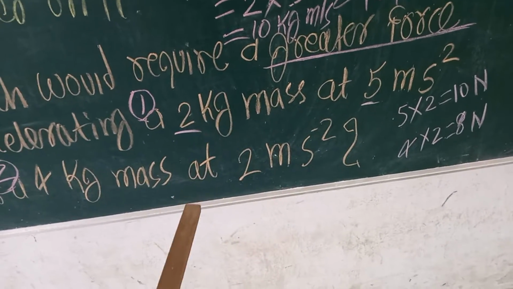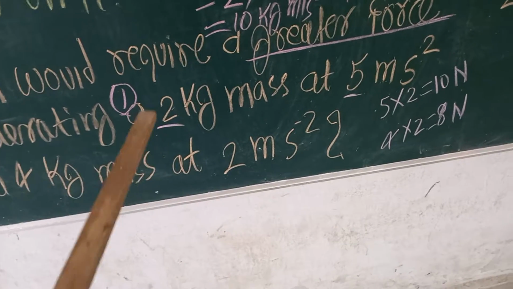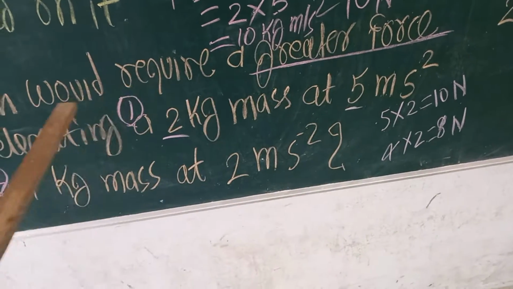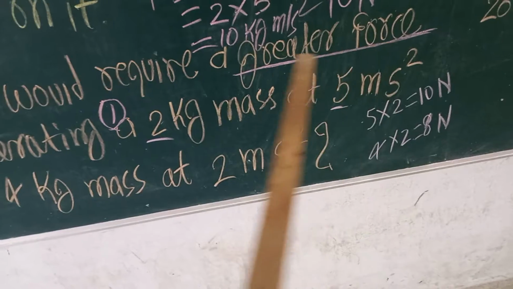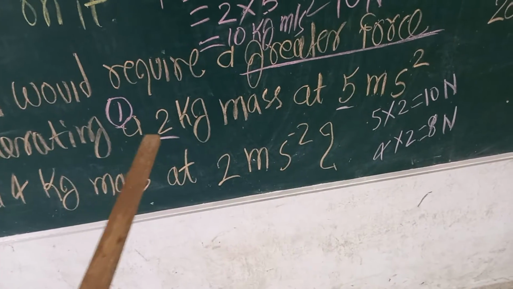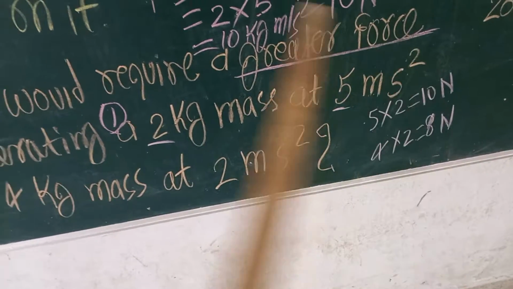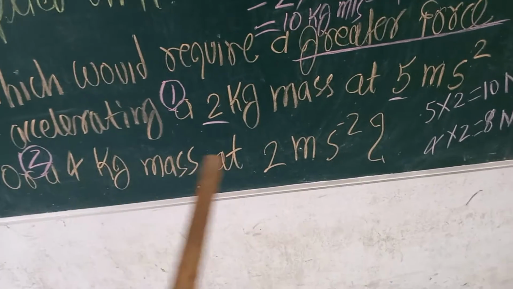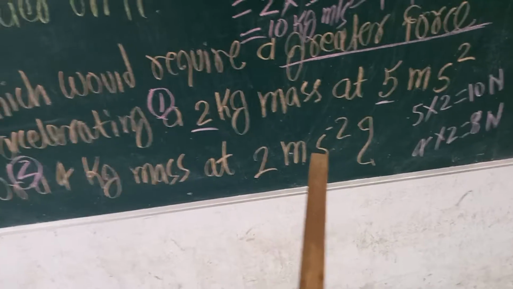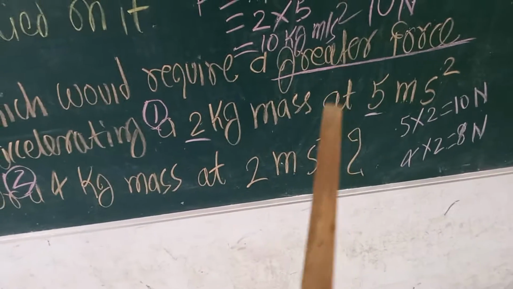These are the two conditions asked in this problem. Greater force required. So we have to calculate this first condition and we have to calculate this second condition also. And whatever the answers we get, which force will be greater?